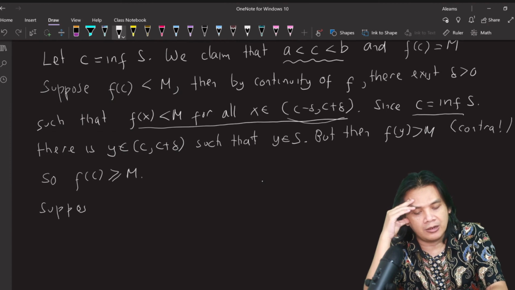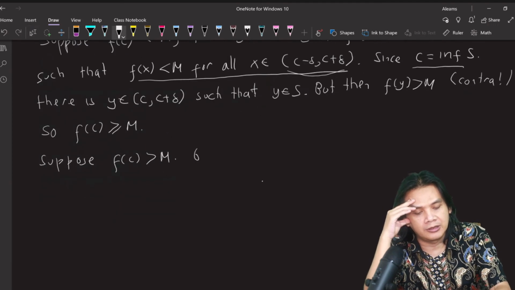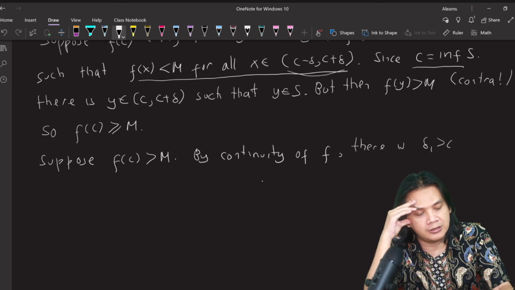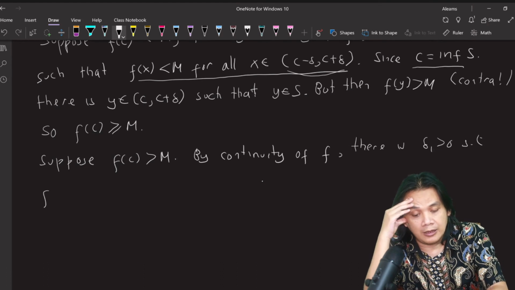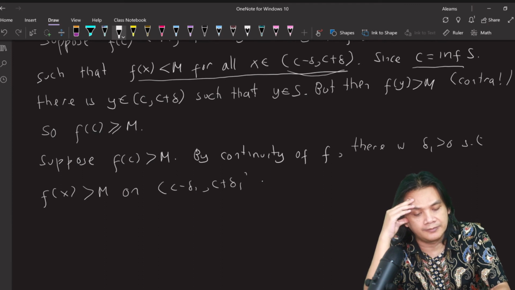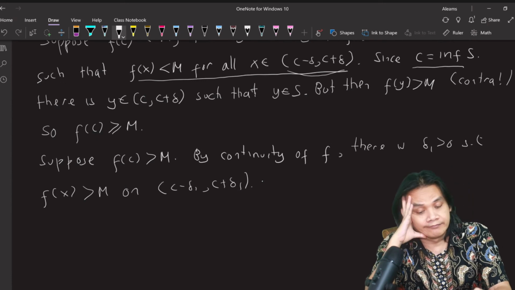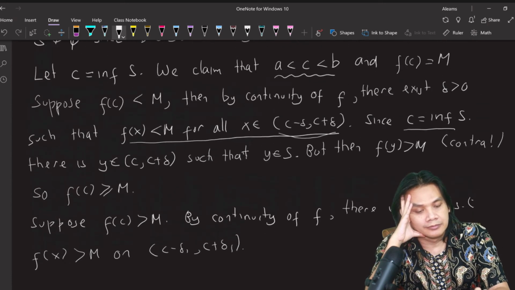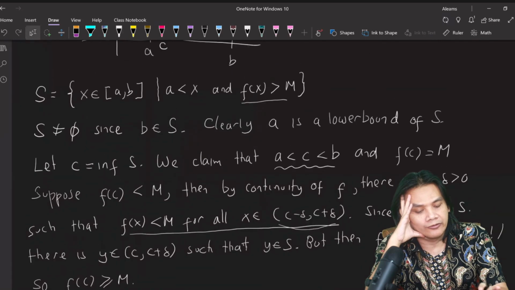So f(c) is greater than or equal to M, and we can use the same argument. Suppose f(c) is greater than M. By continuity of f, there is a positive delta 1 such that f(x) is greater than M on the interval (c - delta 1, c + delta 1). We need to find another contradiction.